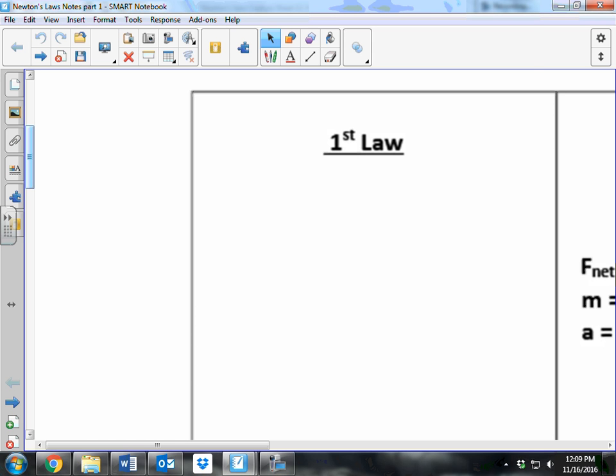His first law is a law you have heard about before, and you can usually state it.